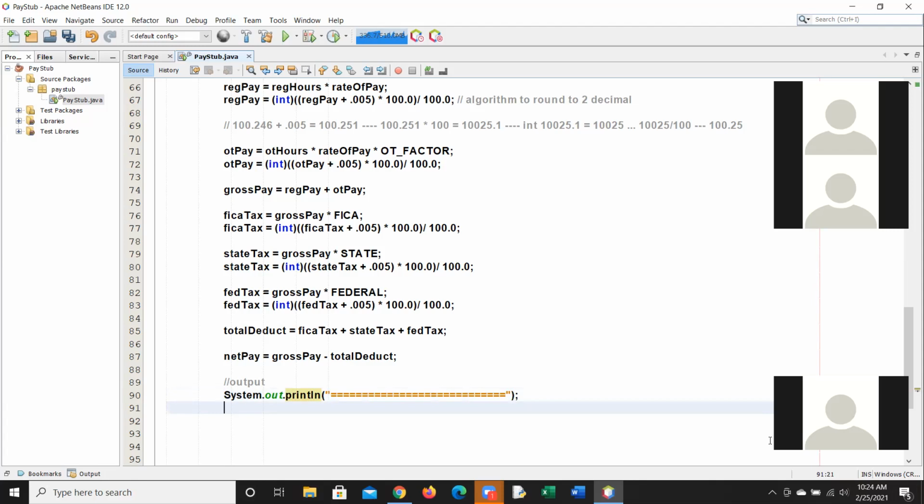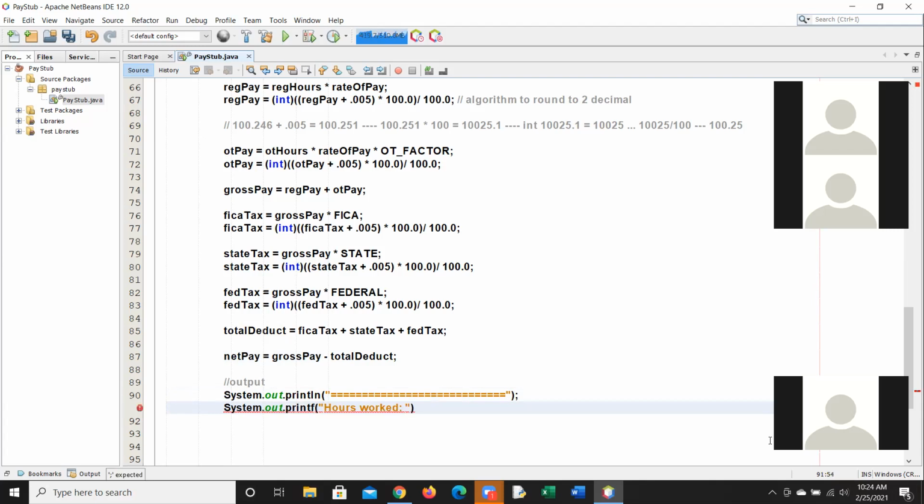And then we'll start. So I'm going to have System.out.print, and I'm going to use a printf. So that's an F there. And I'm going to start by saying hours worked, something like that.